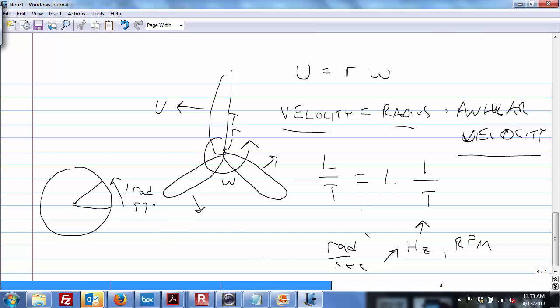This is where pi comes from. There's 1, 2, 3, and there's your 0.14 radians right there. So you can easily convert from revolutions per second, like how many times it goes all the way around, or per minute, to radians per second. Those are the two most common dimensions for angular velocity.